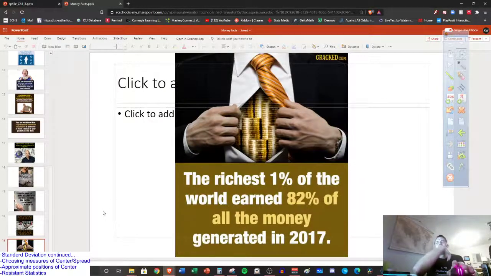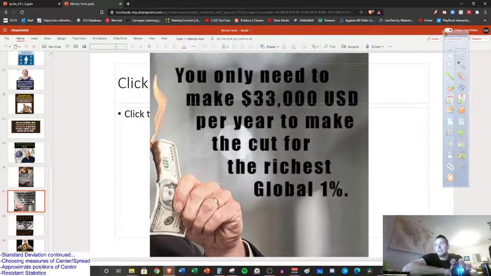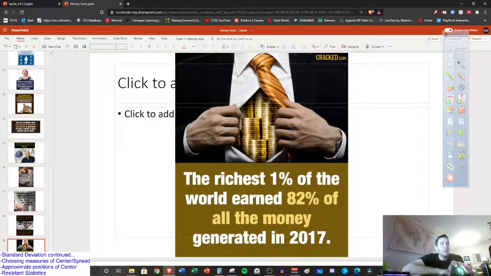Right here, the richest 1% of the world, and this is everybody in the world, earn 82% of all the money generated, and this was in 2017. Now, to complement this, just so you're aware, you only need to make 33,000 US dollars per year to qualify for the richest global 1%. So these sort of work in tandem.